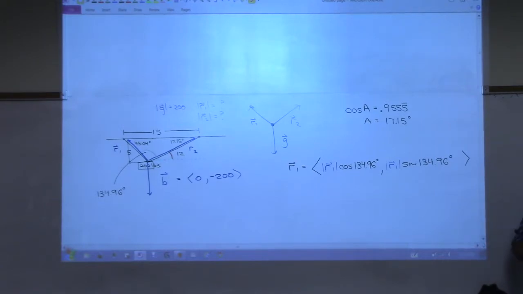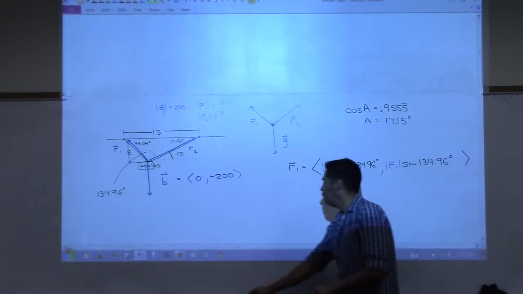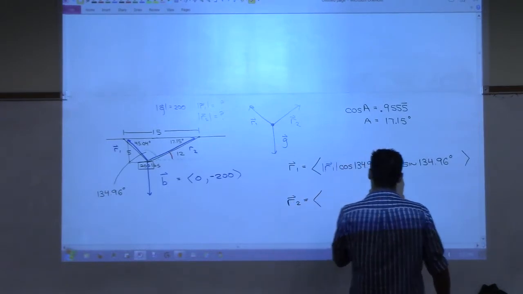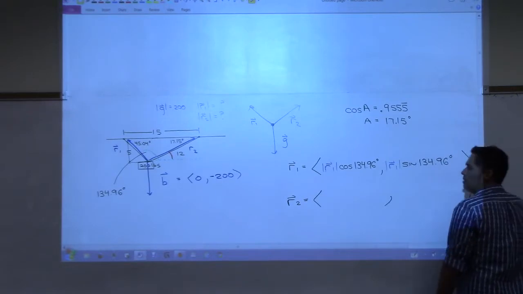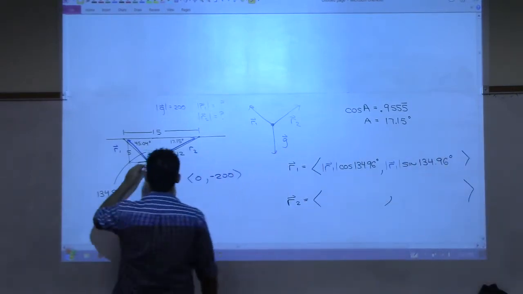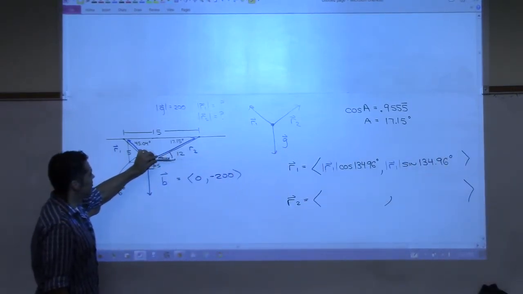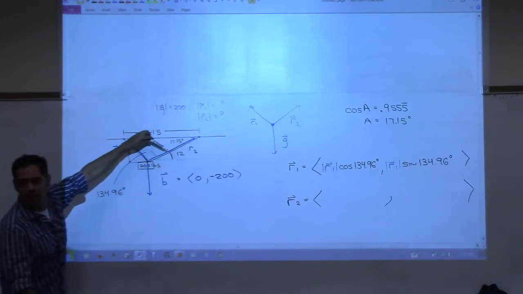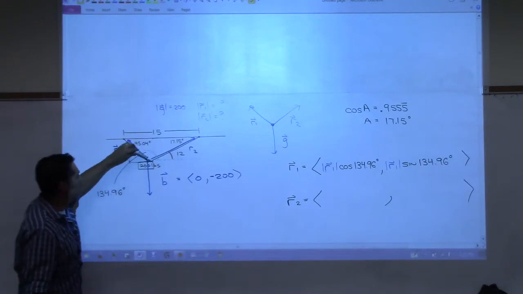Let's see if doing the other vector makes any more sense. How about R2? What can you tell me about R2? R2 has 2 components to it. Now, do we know the angle of R2? This angle right here, what is it? 17.15, because again, we have that line cutting through the 2 parallels.